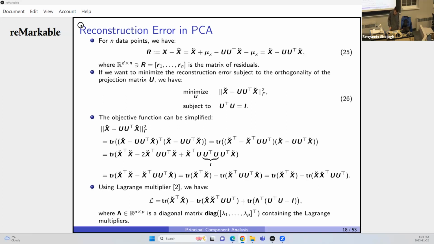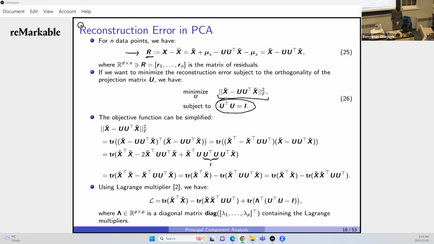So let's minimize this. What is this? X breve minus UU transpose X breve is the reconstruction error. We talked about it, right? But with a squared Frobenius norm, because I want the error to be a scalar. And again, for this to be well defined, I add the constraint that UU transpose should be I. The matrix U should be an orthogonal matrix.